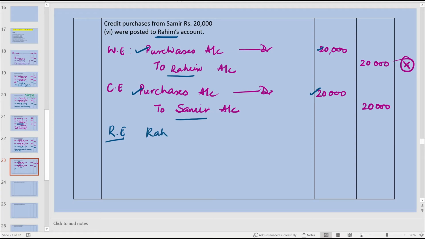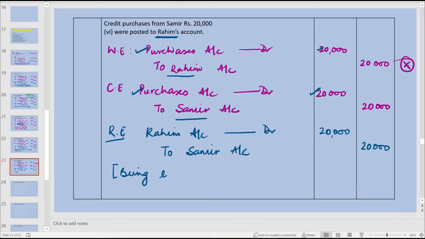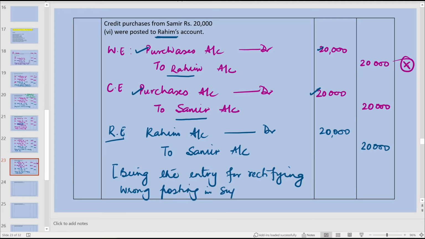So I will say Rahim account debit, since it was a credit, to Samir account, being the entry for rectifying wrong posting in supplier's account. That's okay, yeah? You can write it in any way. As I told you, narrations are fine.